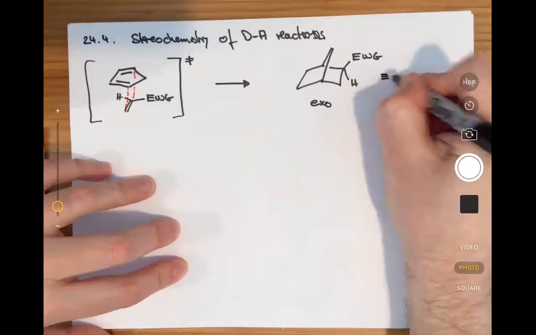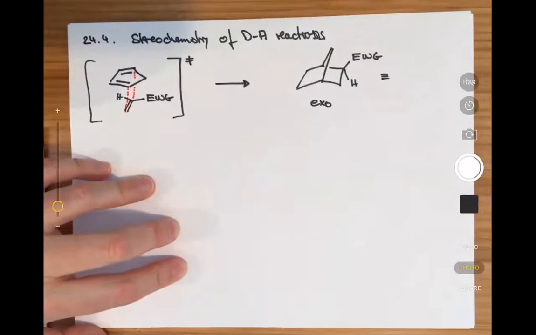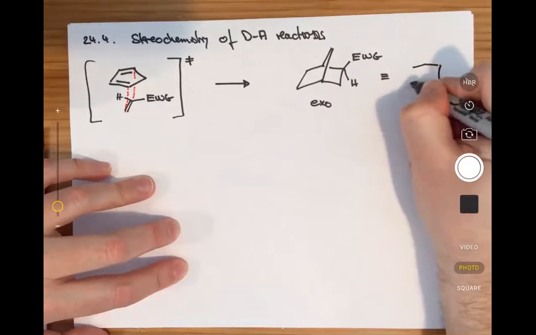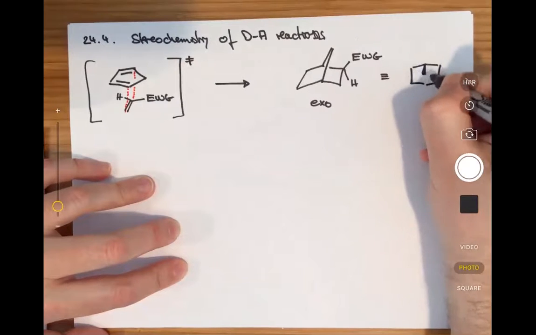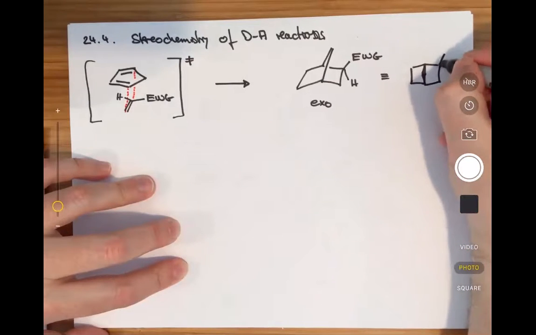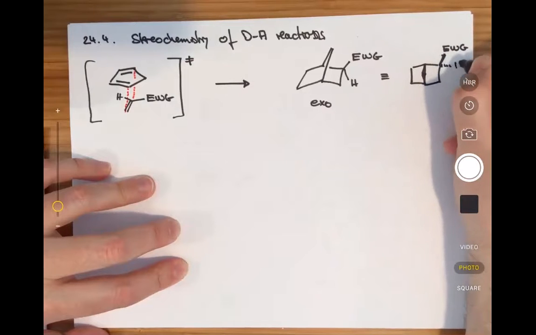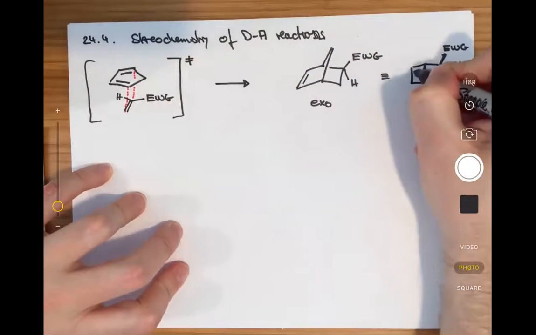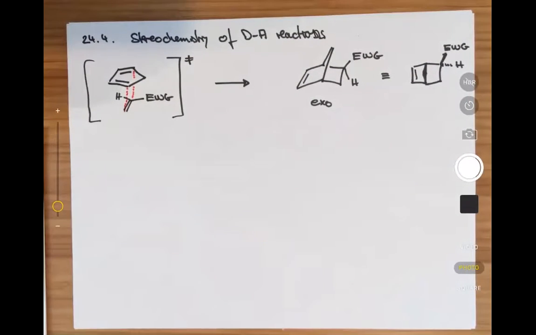And if you want to think about this in a more planar conformation, or an easier drawing maybe to see, we have this methylene bridge coming out towards you, and then we have the electron withdrawing group coming out of the plane, and the hydrogen going back behind the plane of the system. Now we missed a double bond here in both cases. So this is basically the exo product that we can expect to see from this transition state.